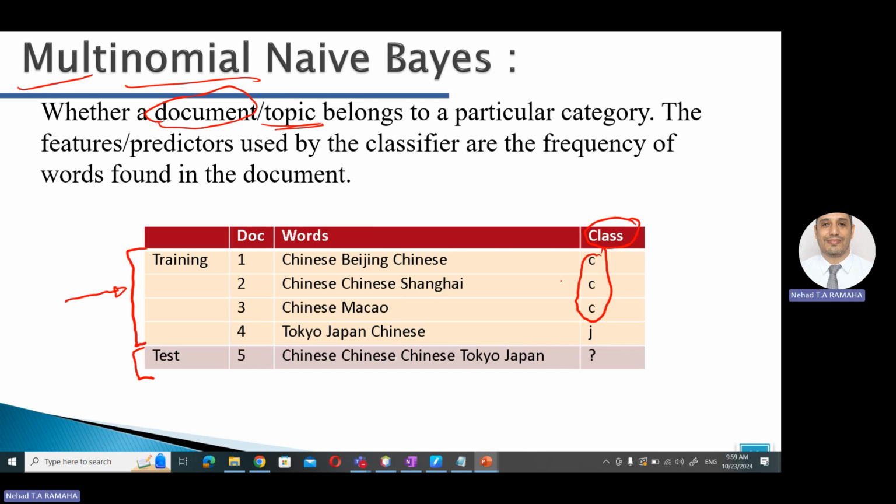Supervised learning. In the data set, document 1, document 2, document 3, each document already has a label classified. Of course, we could have many other words in the document, but these are the keywords that we will use to classify it.